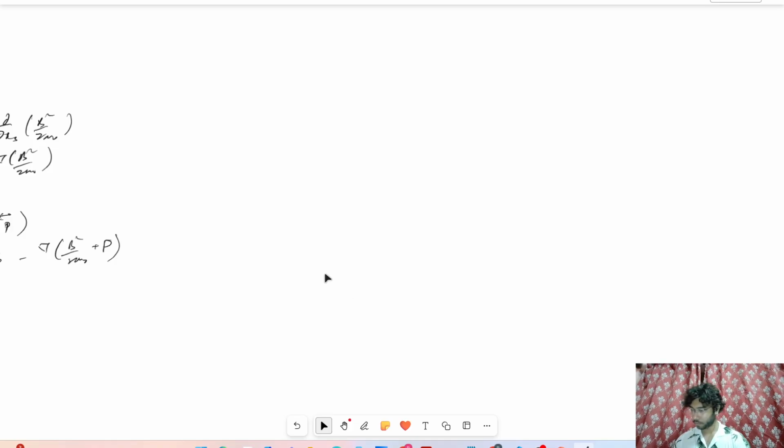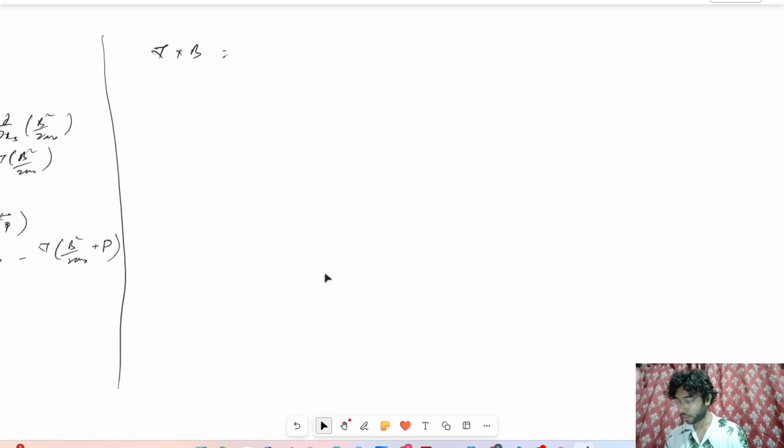So del cross B is mu naught J, and mu naught J, like we saw, was sigma times E plus v cross B. So we're neglecting the RHS of the generalized Ohm's law. Now we take the curl of the above equation.